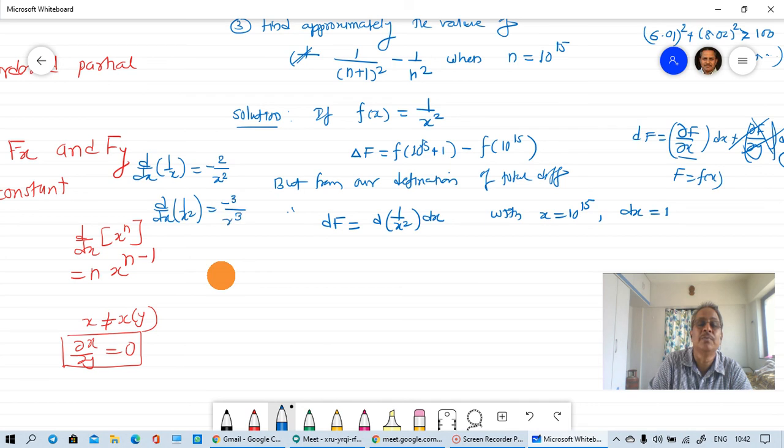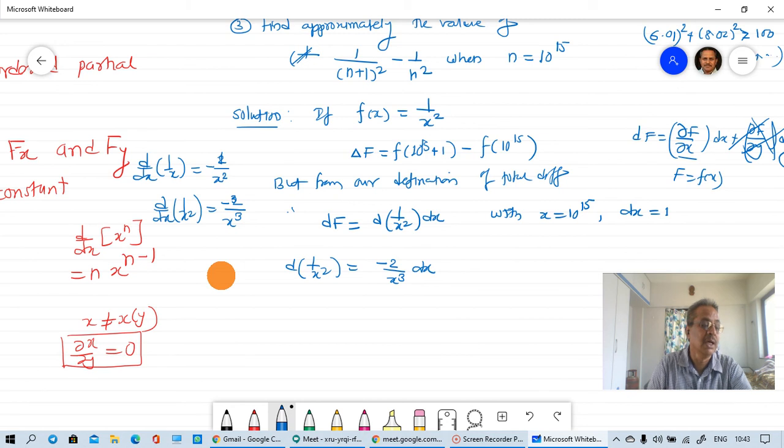I don't know how many of you know all these things. So getting the differential of 1 upon x square, I get minus 2 upon x cube into dx.